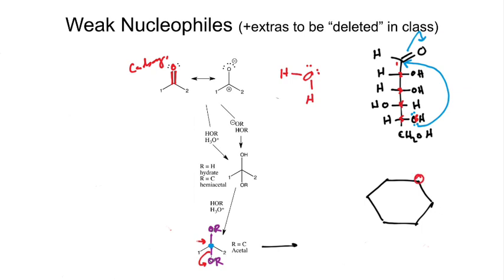And if we were to try and draw this all out, I'm going to butcher it. We would get a 6-membered ring: 1, 2, 3, 4, 5, and then the oxygen is 6. So I'd have my oxygen in there. And then we could go through and look at each of the individual positions. I'm going to call this position 1, and that's going to be important for us. The rest of our structure, if we're going to draw this as a Haworth, I'm pretty sure I screwed this formula up for glucose. Oh well. We could draw in the rest of our systems representing kind of the up-down stereochemistry.